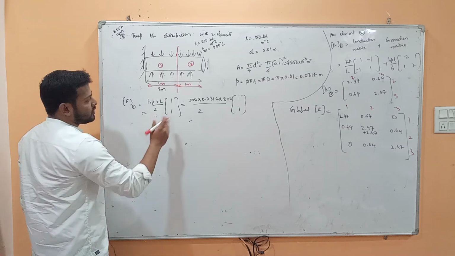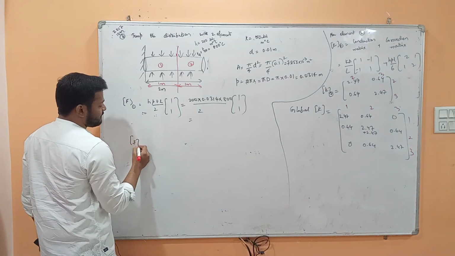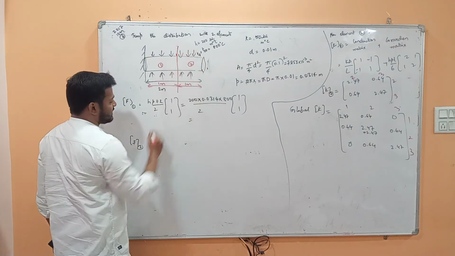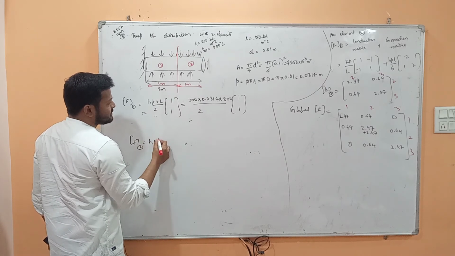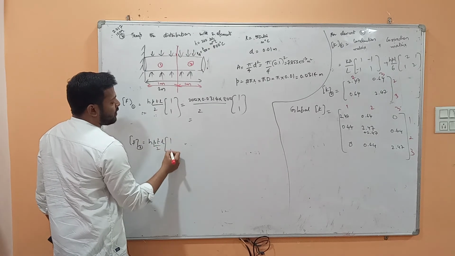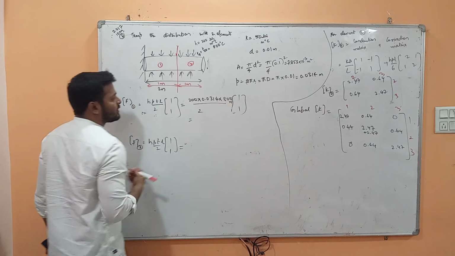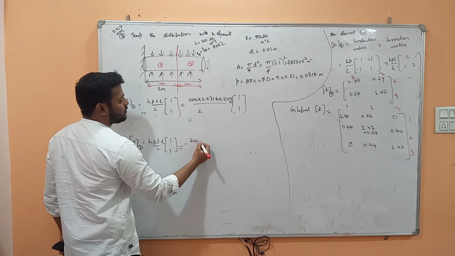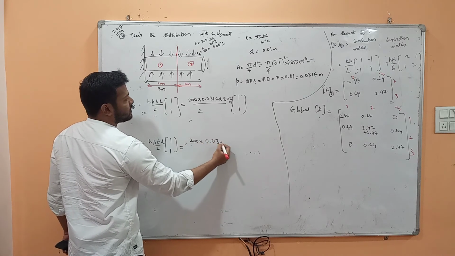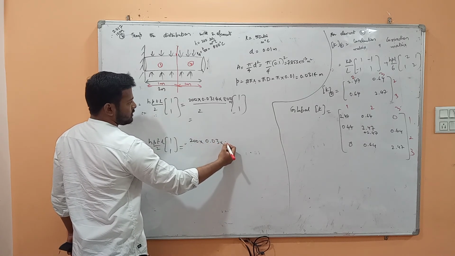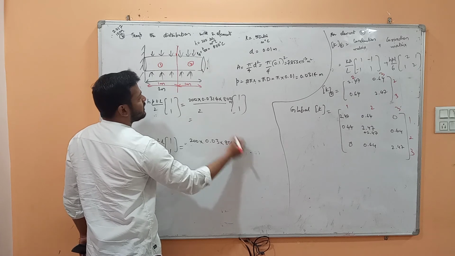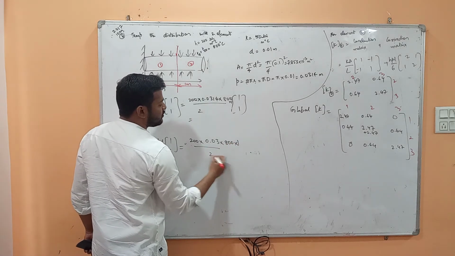Similarly for element 2 we are going to get the same H which is acting in lateral direction. So HPTL by 2, 1 1. So length is again 1, so into 1 we can leave that. So 200 into 0.0314 into T is again 800 into length of element 2 is also 1 by 2, 1 1.